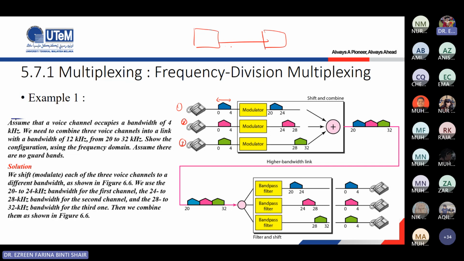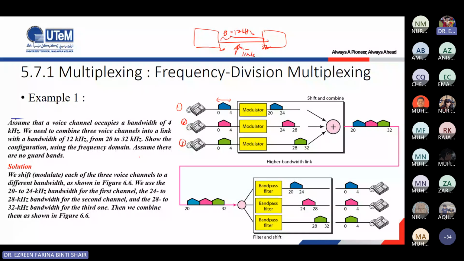This is the link, or the channel. It is stated that the link has a bandwidth of 12 kilohertz, and it varies from 20 to 32 kilohertz.